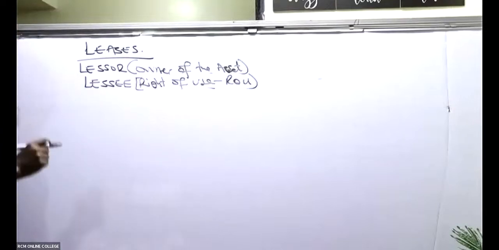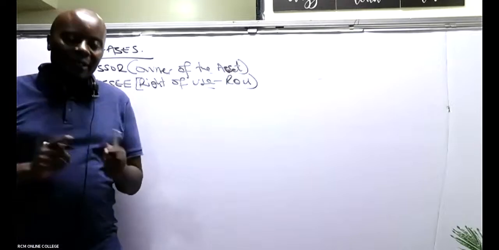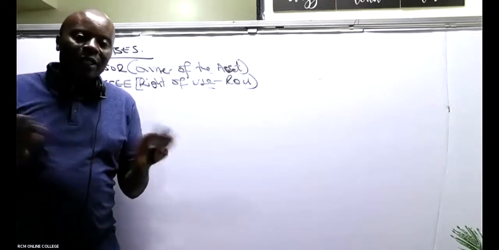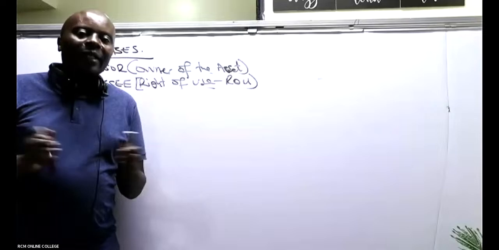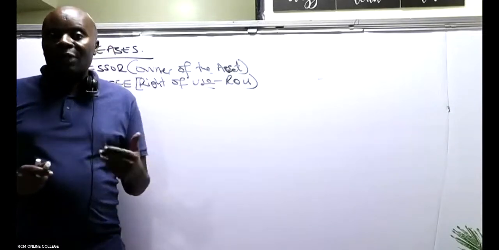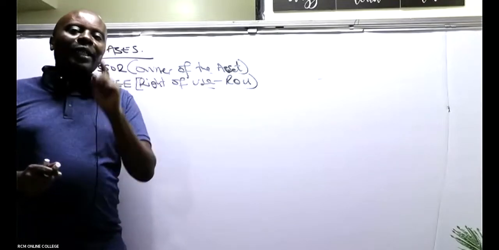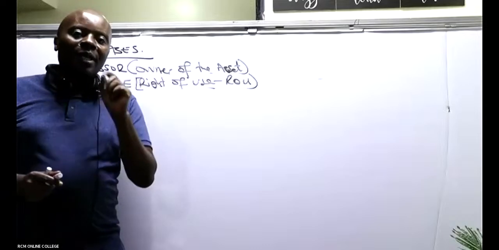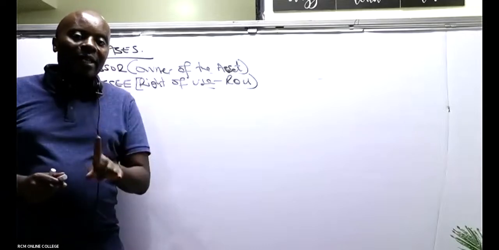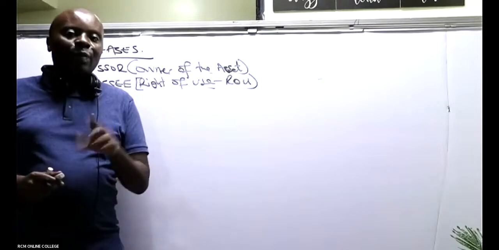So he's given the right to use this particular asset, which he doesn't own. And then at the end of each month, for example, or even at the beginning of each month, he'll be required to pay what we call lease rentals. And he'll be required to stay in these premises for a specified period.